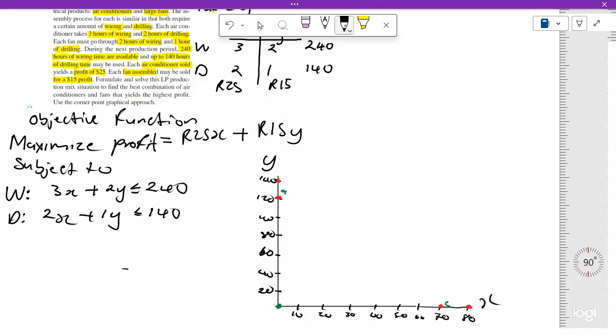So now, in order to find them, the ones that intersect with y, we let x become 0. Okay? For the wiring. So these are intersection points. We say x is equal to 0.